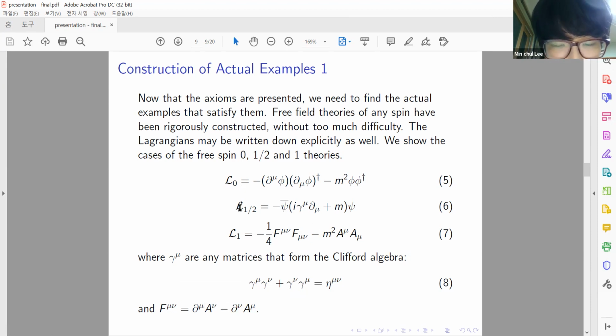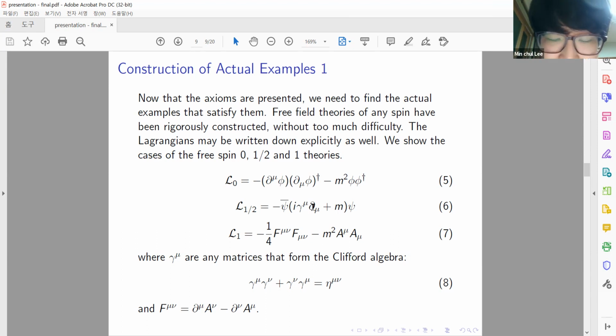So a brief comment is that for integer spins, the free Lagrangian is quadratic. However, for half integer spins, the Lagrangian is linear, meaning that there is only one differential operator involved in it.